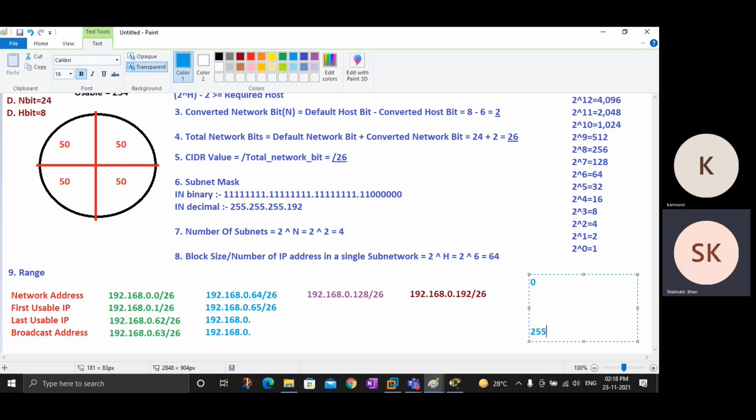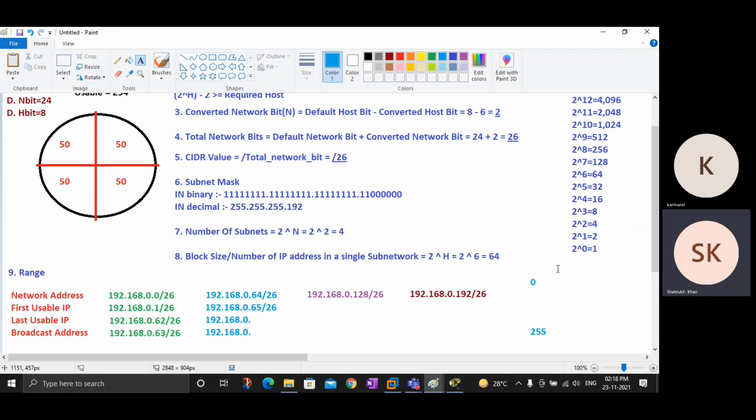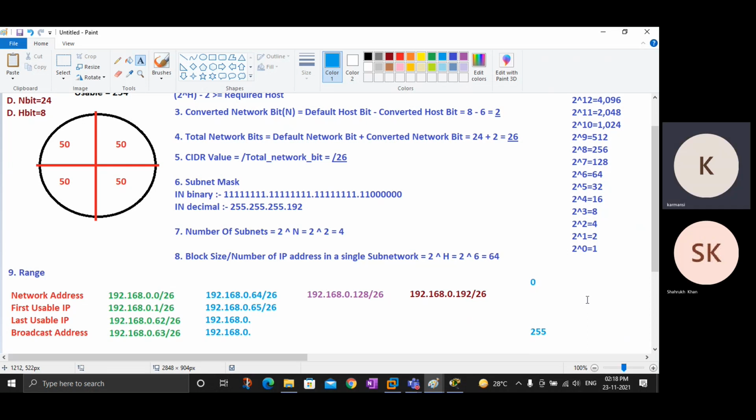And while you are going to 255, you need to create batches of 64, so that in a single batch, only 64 numbers should be there. To create those batches, start from 0. 64 would be 65 numbers because 0 is included there.